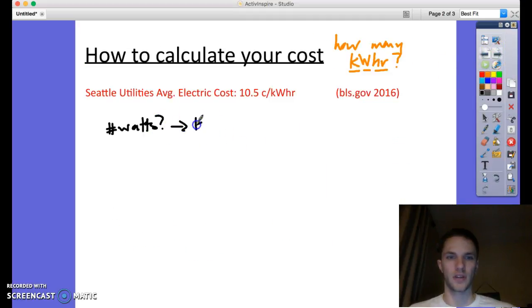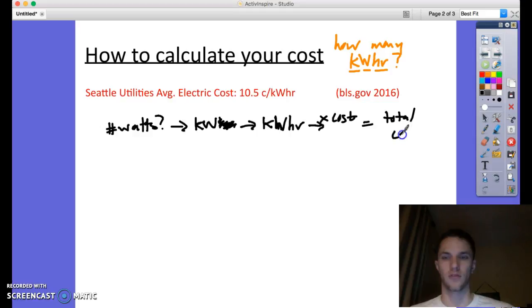Then you're going to need to convert that to kilowatts, then convert that to kilowatt hours by thinking about how many hours per day this is going to be used, and then eventually how many hours per year it's going to be used. And then we need to multiply that by the cost of electricity. And this is going to give us our total cost for that bulb in a given year.